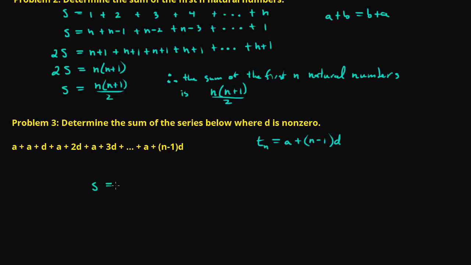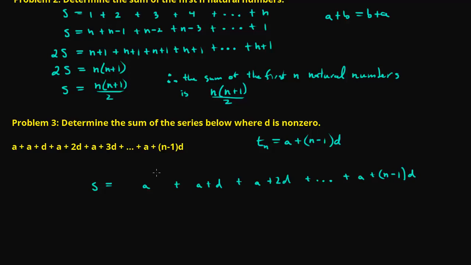We've got s is equal to a plus d plus a plus 2d plus ... plus a plus n minus 1 times d.